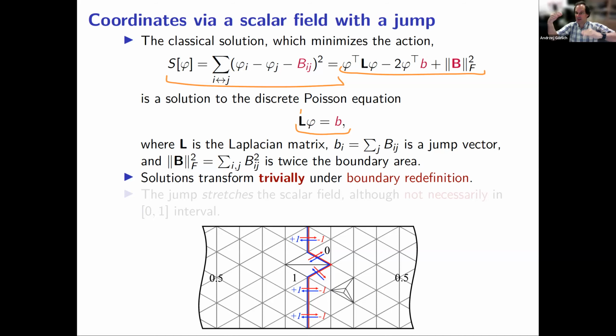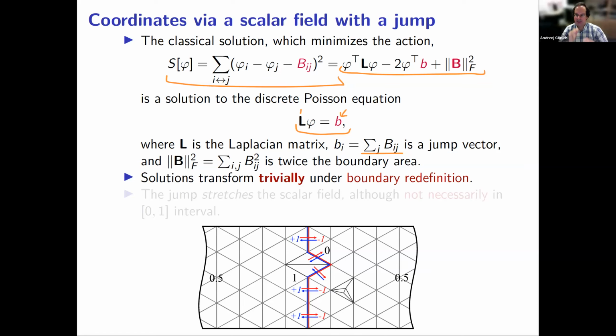So it captures the connectivity between simplices, and B is the jump vector, which is just a sum of rows or columns, doesn't matter, of the elements of the jump matrix.